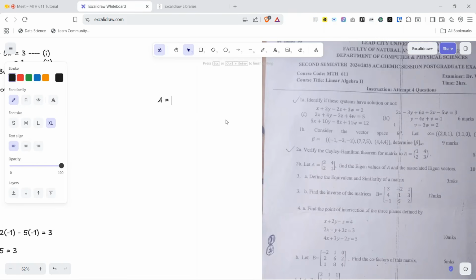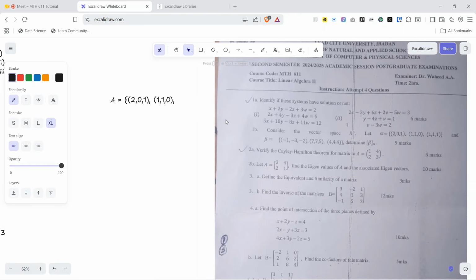A equals 2, 0, 1, then comma 1, 1, 0, then comma 1, 1, 1, then we have beta as equals to minus 1, comma minus 3, comma minus 2, then comma 7, 7, 5, then comma 4, 4, 4.